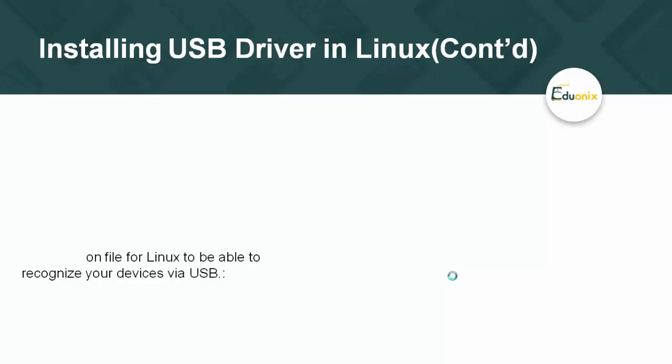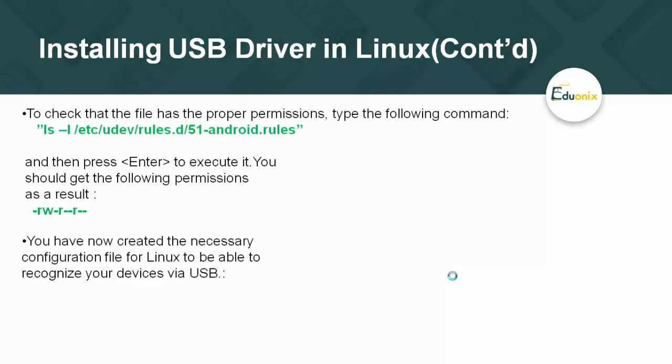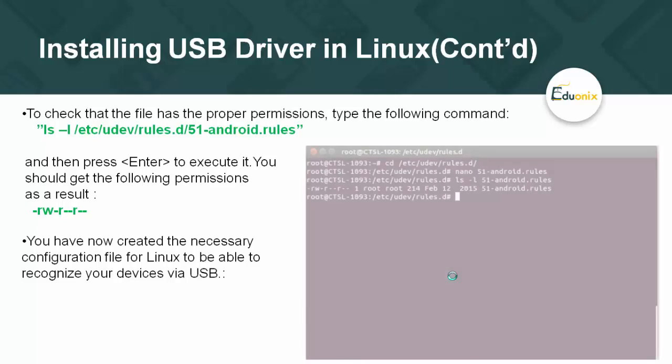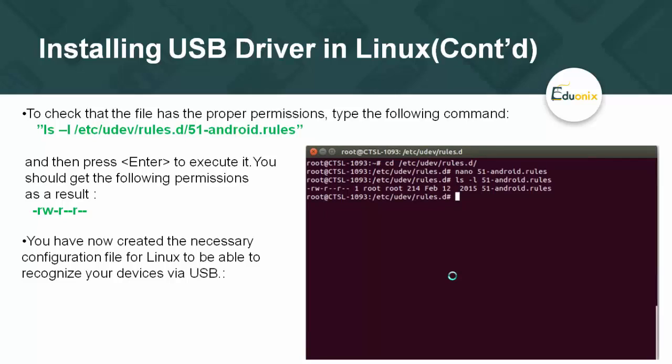To check that the file has proper permissions, type the following command: ls -l /etc/udev/rules.d/51-android.rules, and then press Enter to execute it. You should get the following permissions as a result: -rw-r--r--. You have now created the necessary configuration file for Linux to be able to recognize your devices via USB.